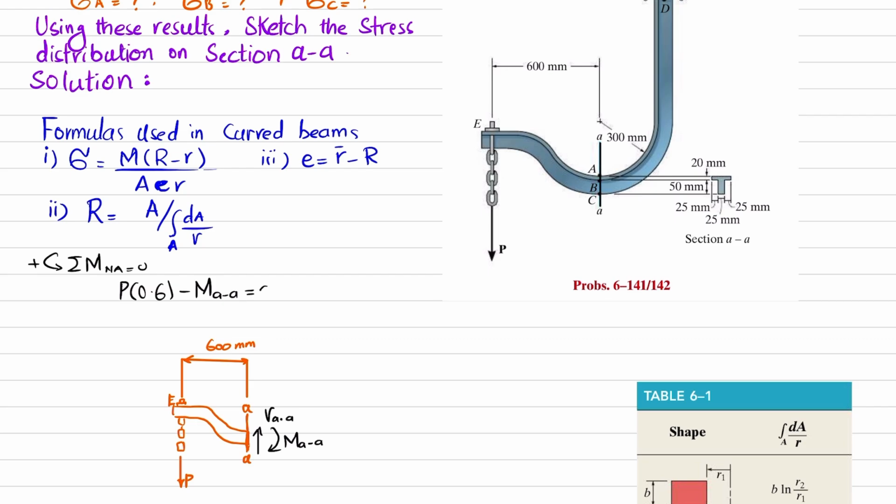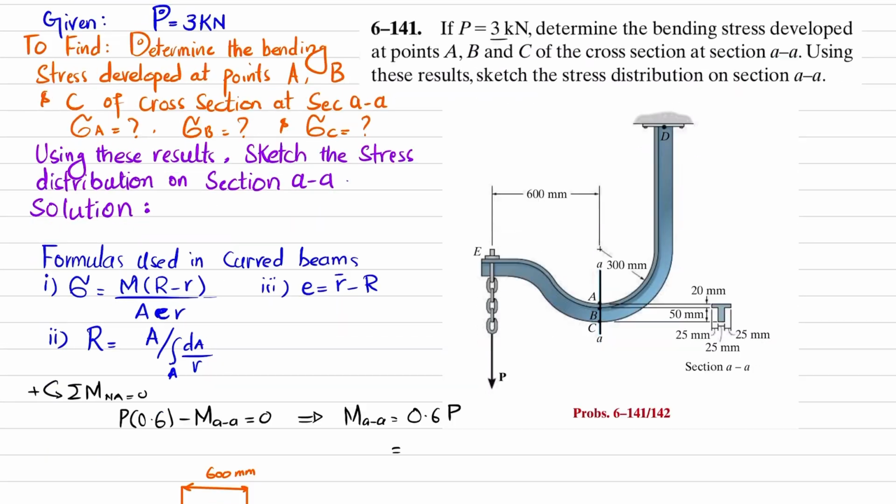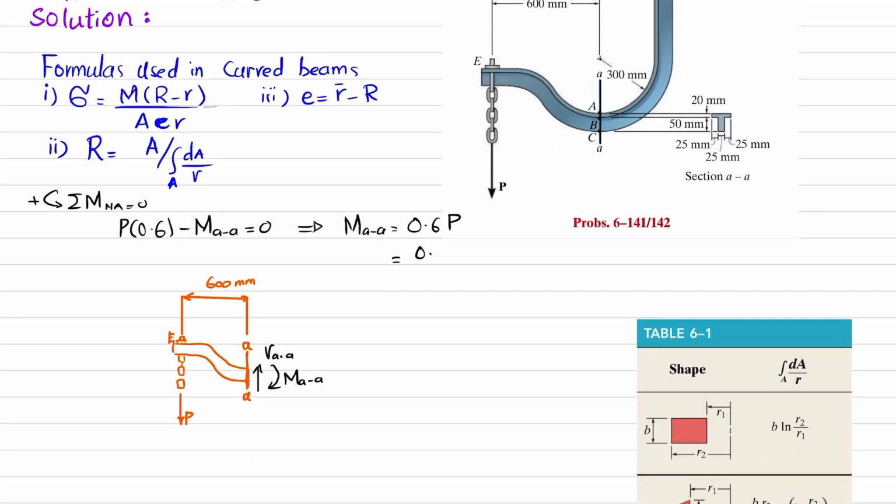Their sum must be equal to 0. So from here, this moment MAA will be equal to 0.6 times P. Now you know the value of P, that is given as 3 kilonewton. So just put it in: 0.6 into 3 kilonewton will give you 1.8, and the unit will be kilonewton meter.